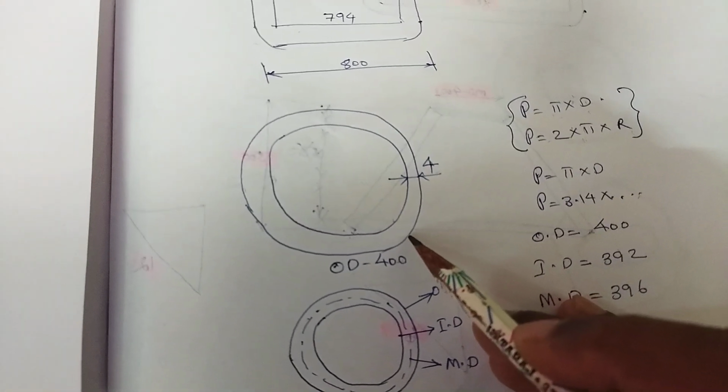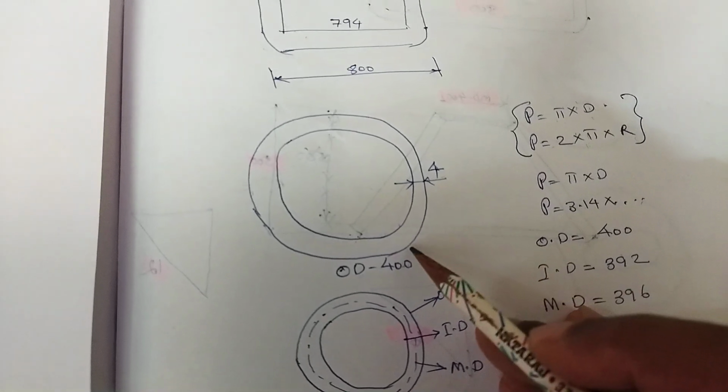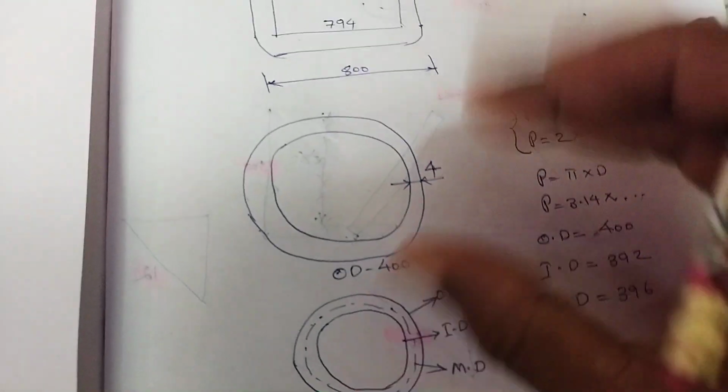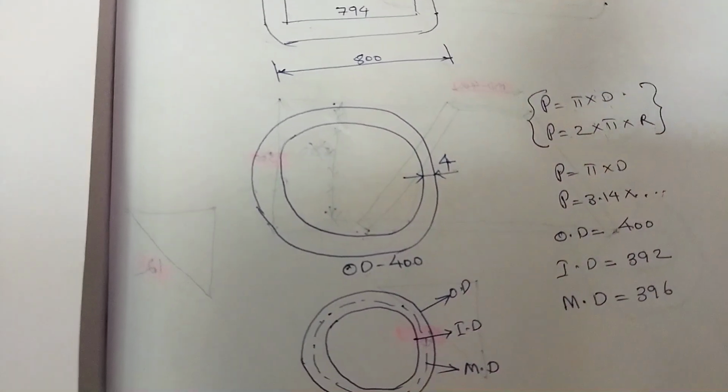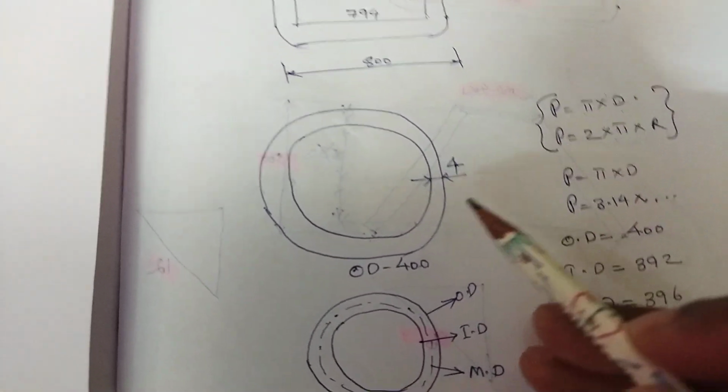So the outer materials are stretched apart, and the inner materials are coming together. These two things happen when we roll it.